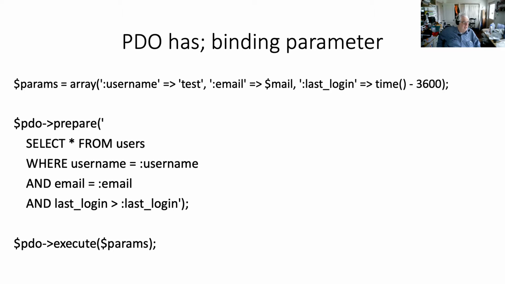And that has overhead. And so if you know that your application is going to ask for the same prepare statement, or the same SQL statement 50 times, if you prepare it once, you save 49 hits of that overhead.